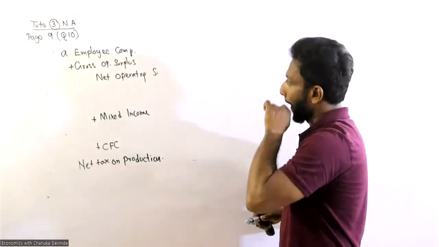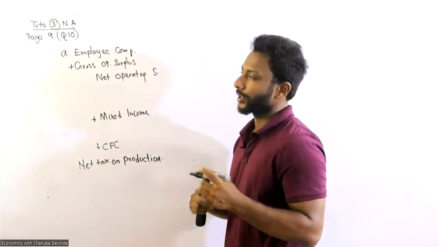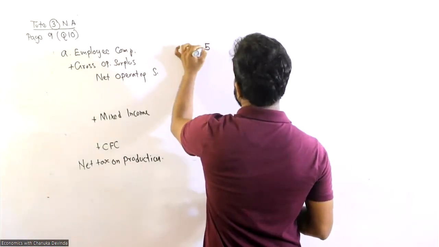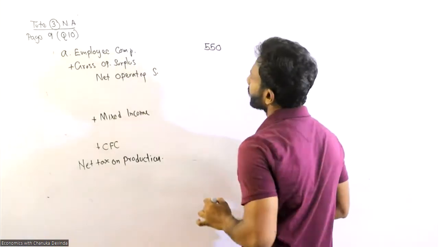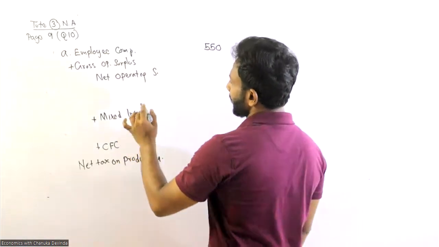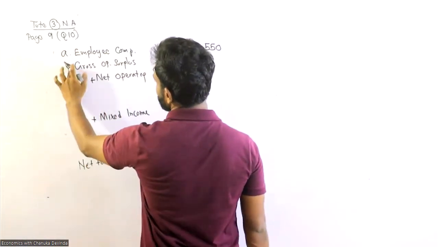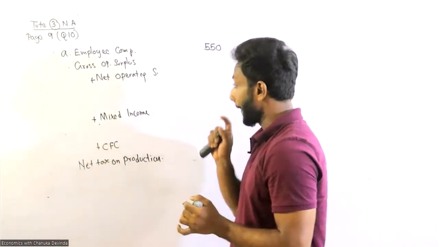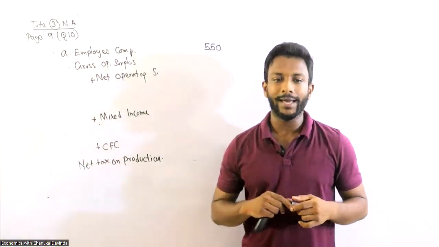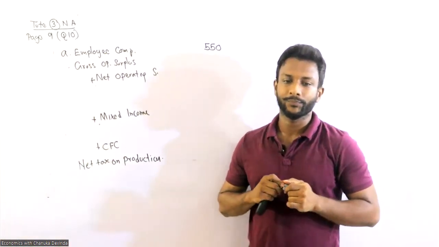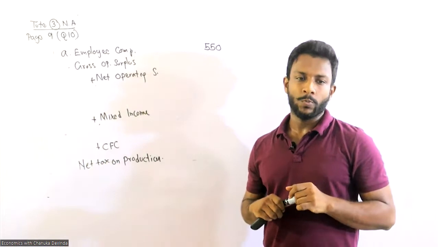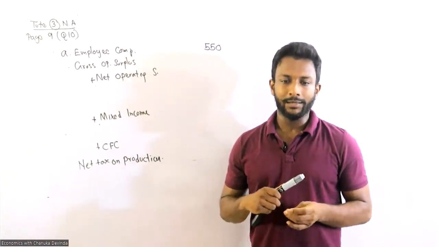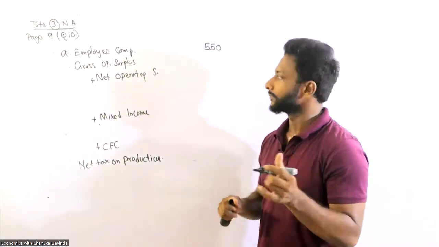Right. Employee compensation, how much? It is 550. Now, gross operating surplus includes three items: net operating surplus, mixed income, CFC. Net operating surplus, how to calculate net operating surplus? What do we need? Interest and other investment income.